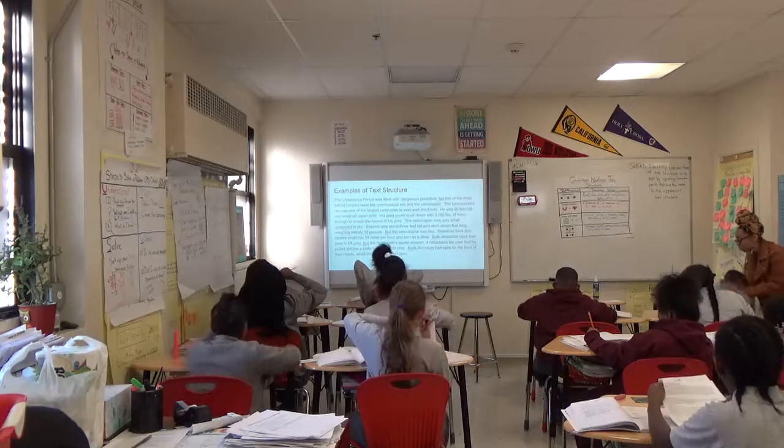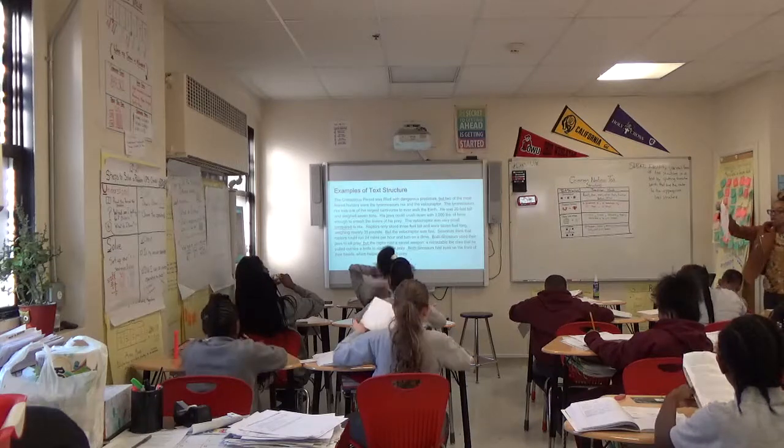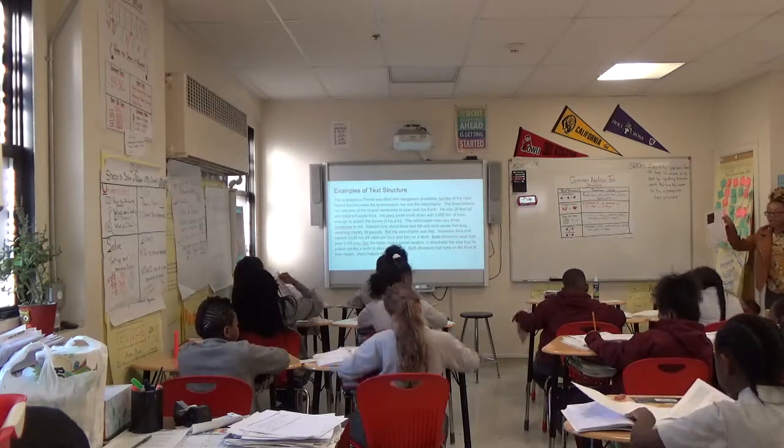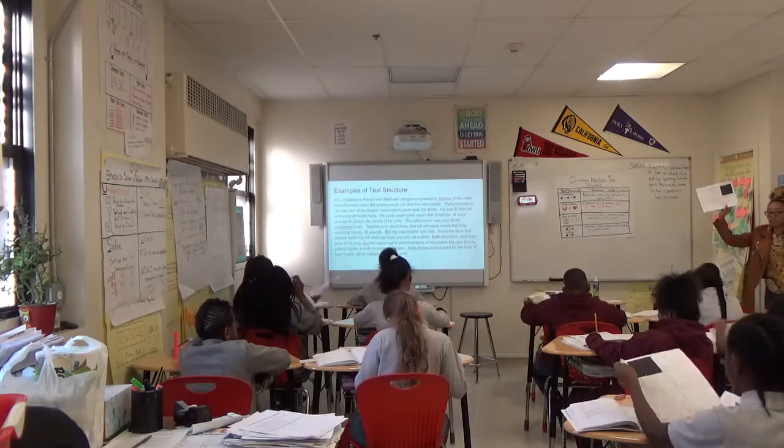So the passages are all in the back, so you can actually rip it if you need to. The passages are all in the back. You're supposed to look at these passages and then decide where they fit in our graphic organizer.